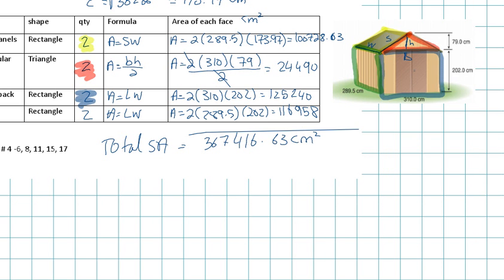In order to convert, I know that 1 meter is 100 centimeters, but I can't use that. What do I have to do? 1 meter squared equals 100 centimeters squared.